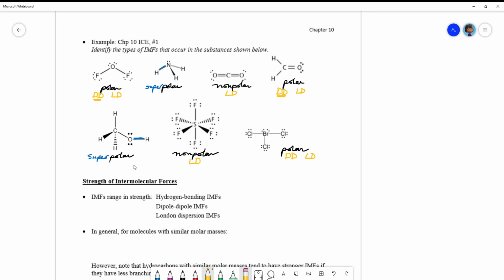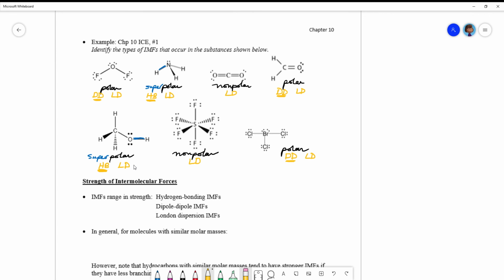And in the superpolar substances, in this case ammonia and methanol, we are going to have hydrogen bonding and London dispersion, where hydrogen bonding dominates.